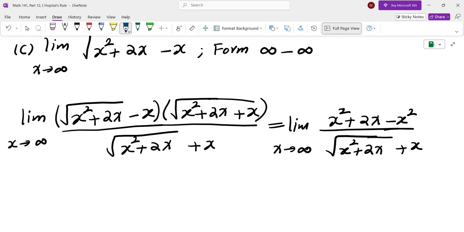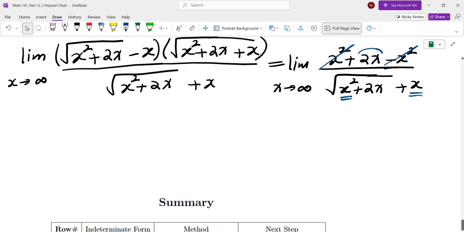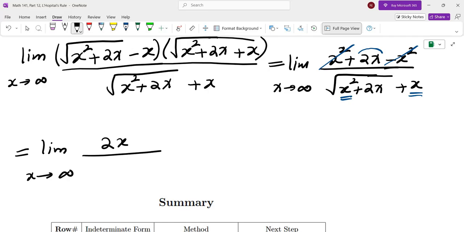Now, the dominant term in the numerator is this term. In fact, those two terms cancel. The dominant terms in the denominator are these x's. So we're going to factor those dominant terms. So we're going to get the limit as x goes to infinity, 2x over, if we factor an x, we get root 1 plus 2 over x, and then plus 1.